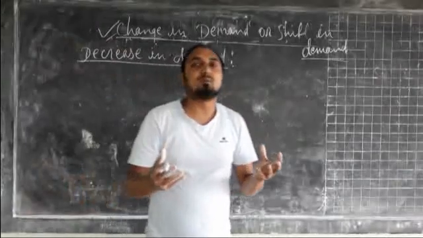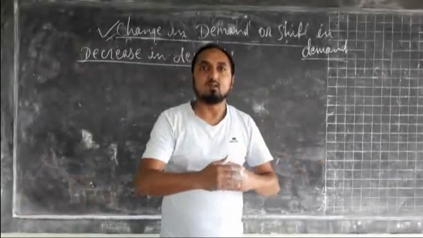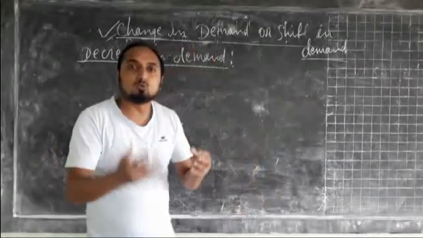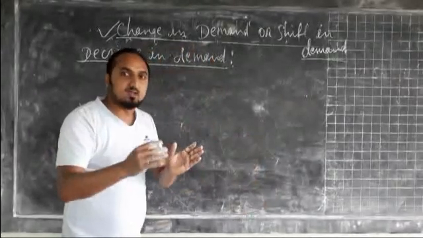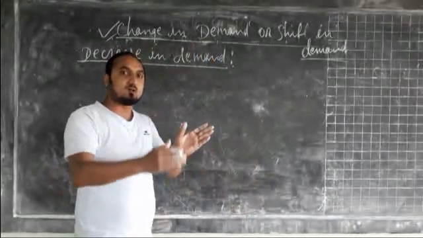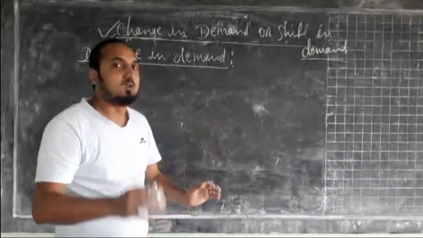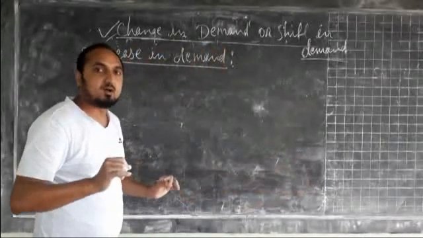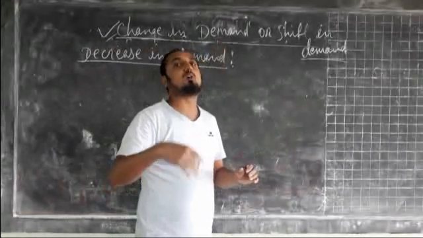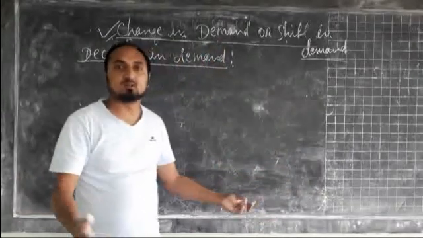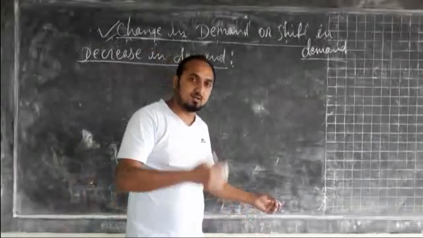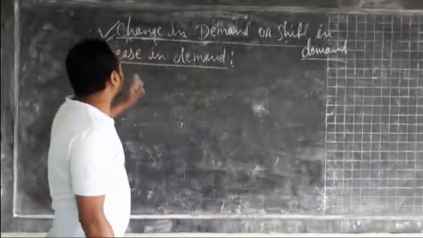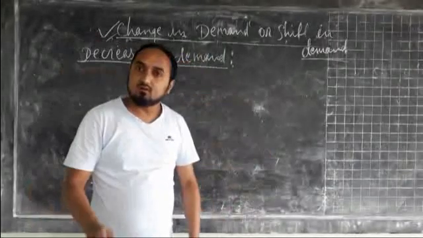Similarly, if the taste and preference for any commodity is decreasing, means if the people start disliking any commodity, then due to that also the quantity demand may decrease, and when quantity demand decreases, the demand curve will shift leftward. Here the price is not the factor to decrease the quantity demand. The quantity demand will decrease due to other factors like income of the consumer, taste and preference, credit facility, government policy, etc. Now I will show this decrease in demand with the help of diagram.